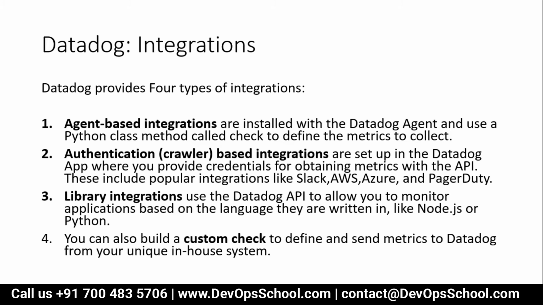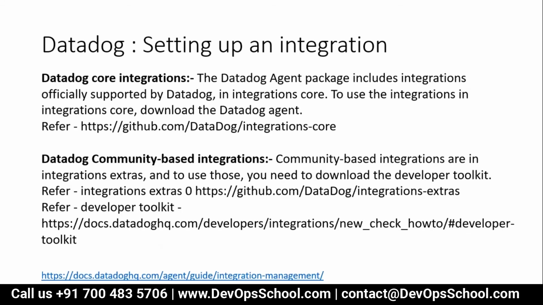Probably you remember yesterday we discussed DogStatsD, which you instrument. That is part of the library integration. You can also build a custom check to define and send a metric to Datadog from your unique in-house system. So there are four types of integration available, and right now we'll focus more on the agent-based integration.